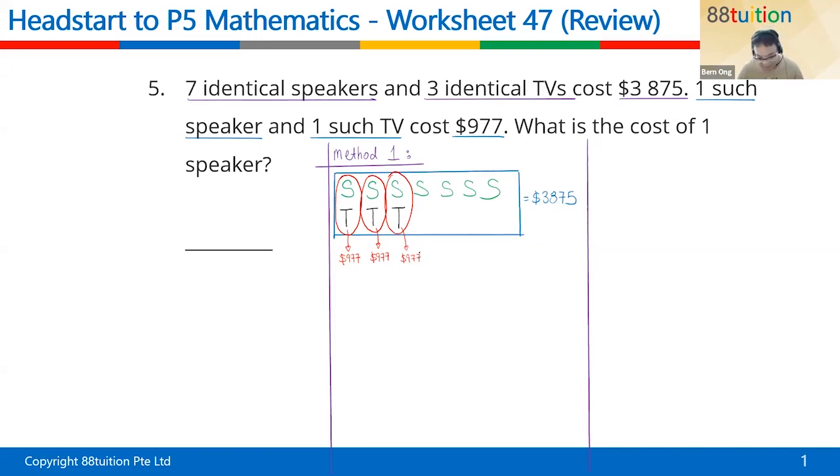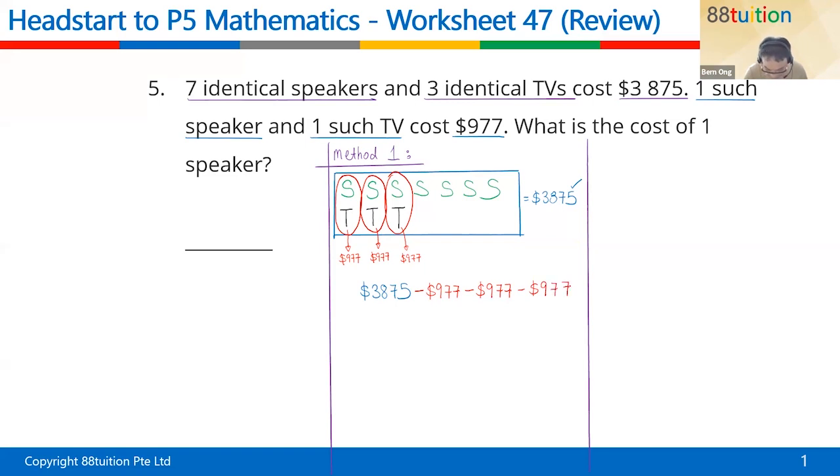From this circling and all this grouping, can you see something? If I take my 3875, which is the total amount, and minus 977 three times, 977 and another 977, what do I get?